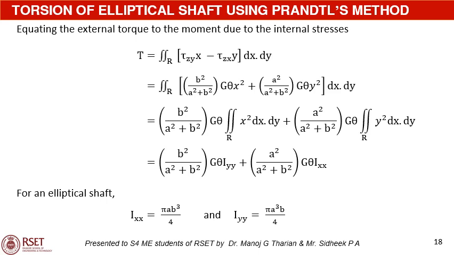Thus we get T = b²/(a² + b²) Gθ Iyy + a²/(a² + b²) Gθ Ixx.